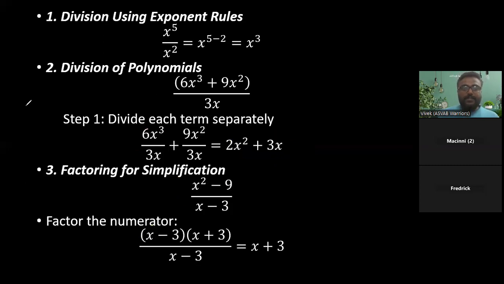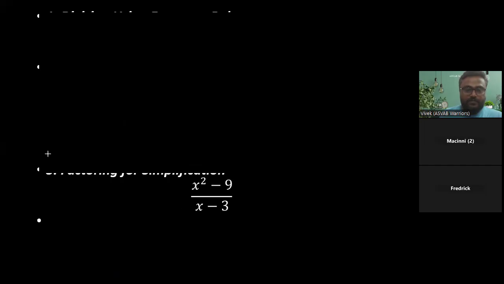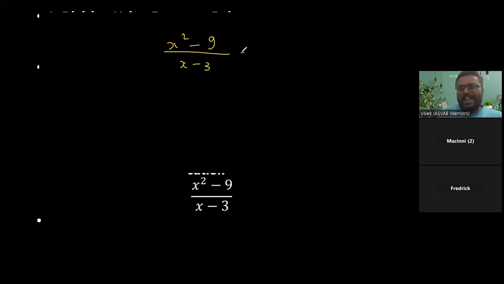Now, let us say you're going to use an identity or factor it using a particular rule. So let's say for this particular case, x squared minus 9 divided by x minus 3. Now I can write this 9 as 3 squared.